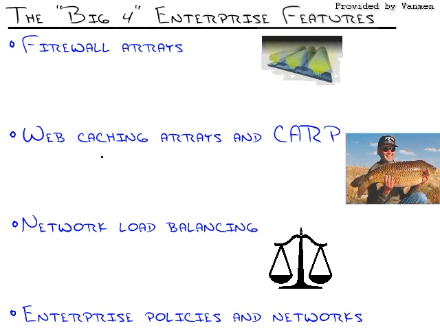Second is that web caching now uses CARP. And look at the size of that carp. That thing's huge. Big old dirty fish. CARP is the Caching Array Routing Protocol. It distributes the cache between your ISAServers so that it is never duplicated.